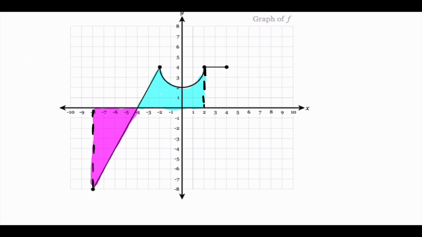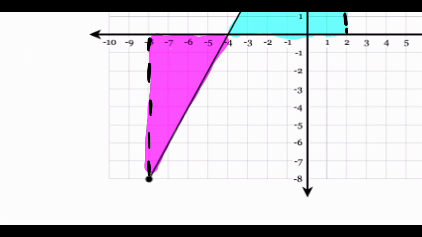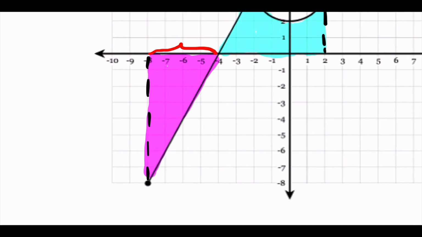And any area below the x-axis is negative. Okay, so we got a triangle. Looks like we have a triangle here. I have a pink, purple triangle here. So base from 4 to 8, it looks like it's 4. Height is from 0 to negative 8, so that's going to be 8.